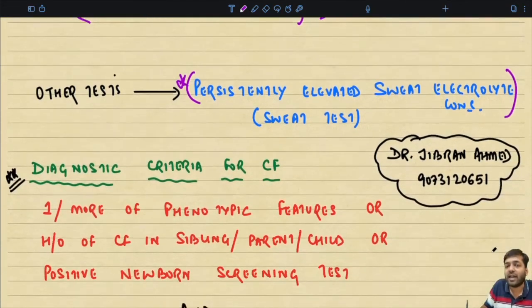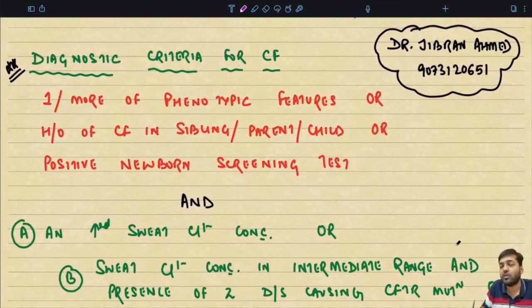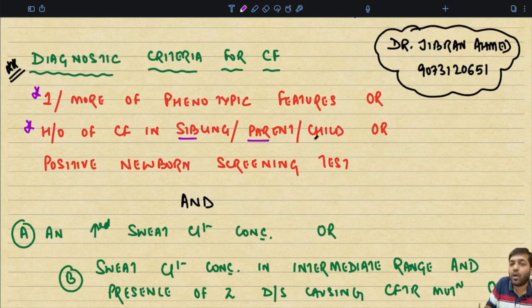Now what is the diagnostic criteria for cystic fibrosis? Let us see. This is the last part of the lecture. One or more of the phenotypic features should be there, or there is a history of cystic fibrosis in a sibling, parent, or child, or there is a positive newborn screening test. So either of these three has to be present.